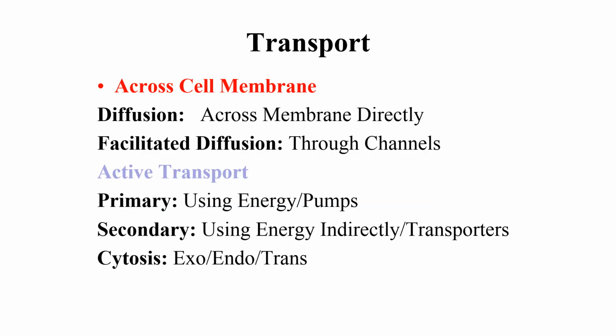So here we can conclude transport across cell membrane into the cell or outside of the cell. We know there are mainly two types of transport, that is the passive transport, and then there is active transport. The passive transport is the transport without using energy, and active transport is by using energy. So passive transport is in the form of diffusion and in the form of facilitated diffusion.